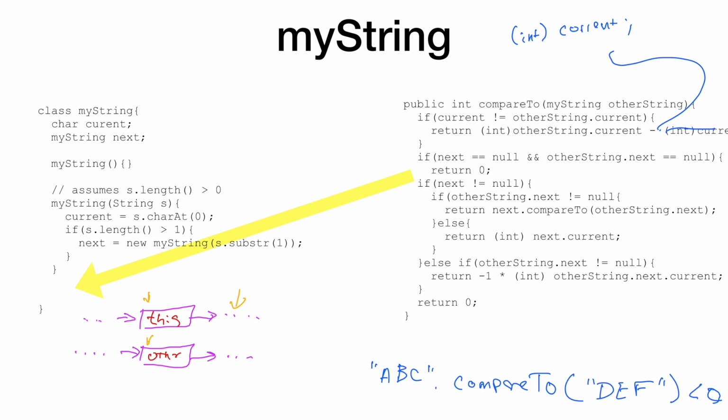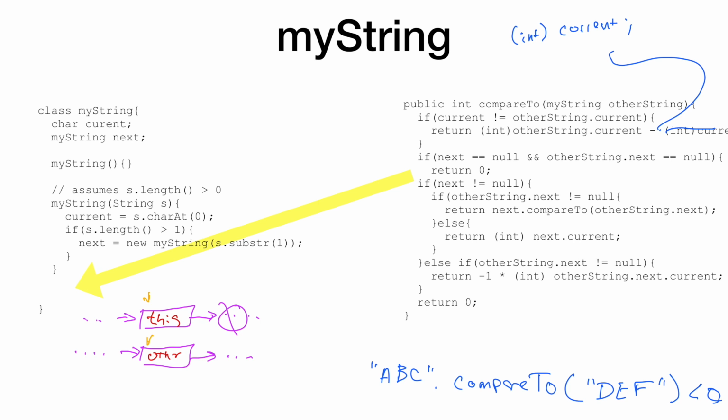And then if I'm not null, but he is null, right, then it's just whatever this value is that I'm returning, right? Because I know I'm bigger, so I must come after, because I have more string and he doesn't, but we matched all the way up to here. On the other hand, if my next pointer is null and his isn't, then I must come first.